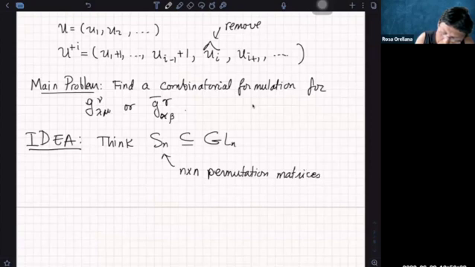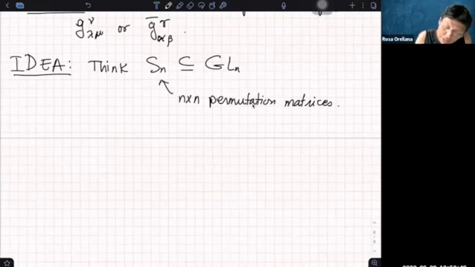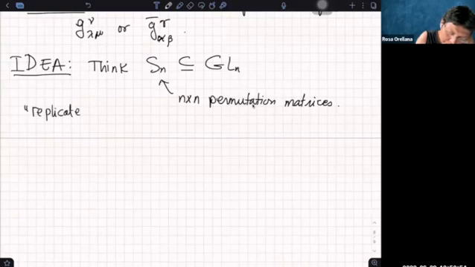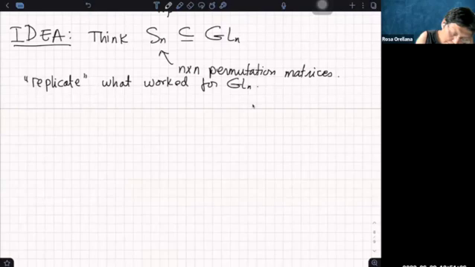The reason is that similar work has been done for the orthogonal group, for example. So there is evidence that for some subgroups, you can actually carry out all the work that we are trying to figure out for this problem. And the idea is, in quotations, to replicate, because it's not exactly replicate, what worked for GLn. We will call this the restriction approach.